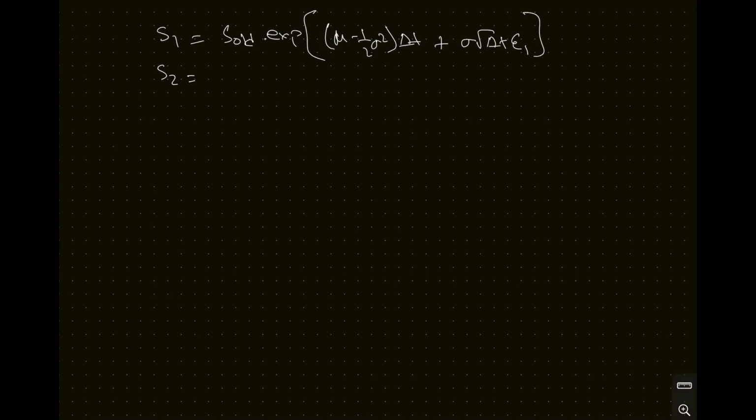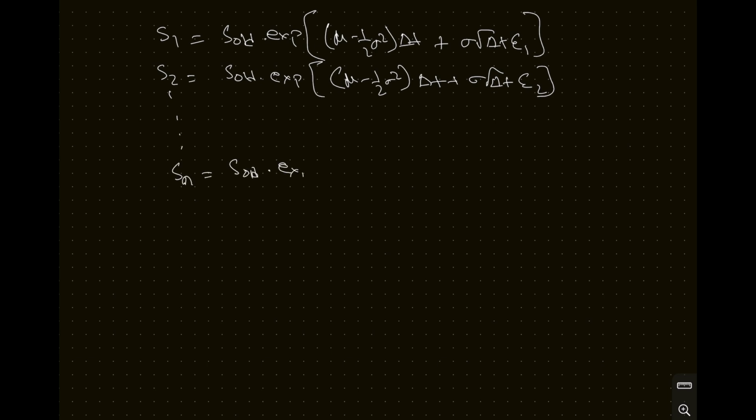And S2 would be S old times e to the power of mu minus half sigma squared delta t plus sigma root delta t epsilon 2, and so on. Sn would be S old times e to the power of mu minus half sigma squared delta t plus sigma root delta t epsilon n, sorry.